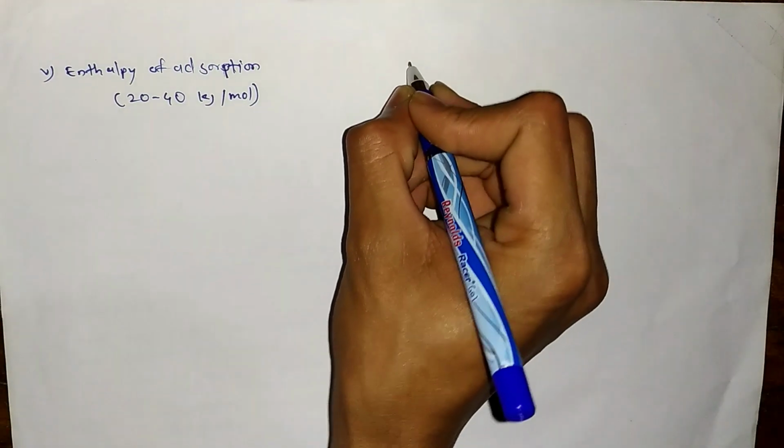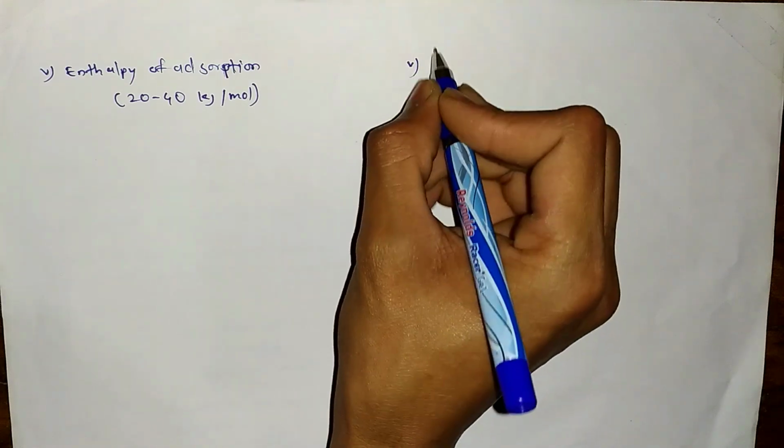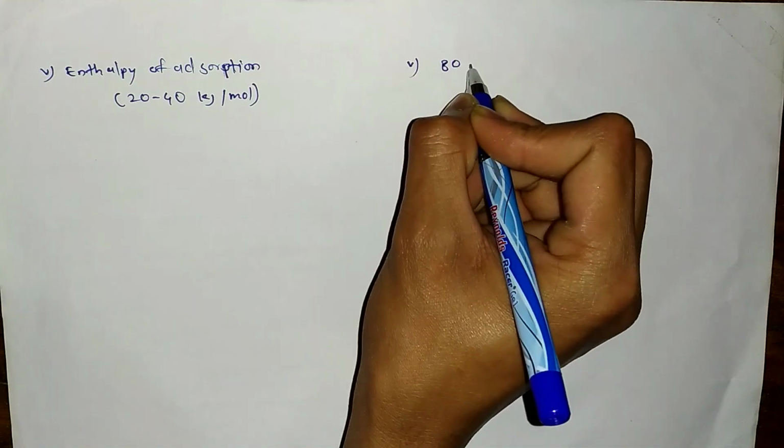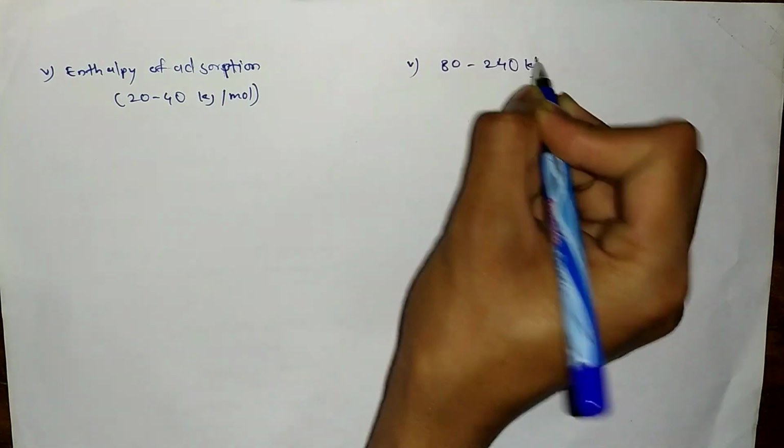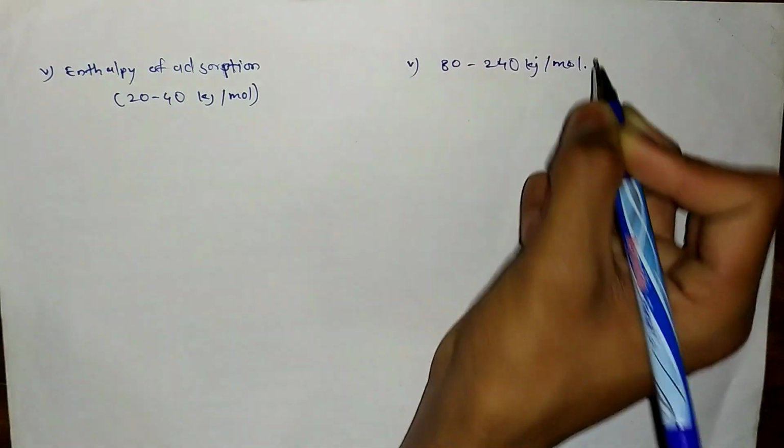In chemisorption, it is 80 to 240 kJ per mole.